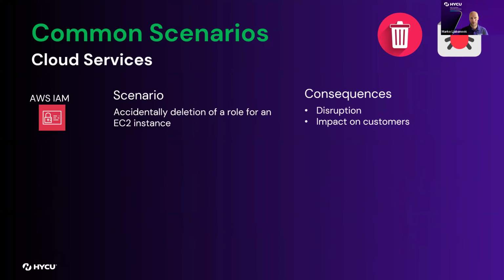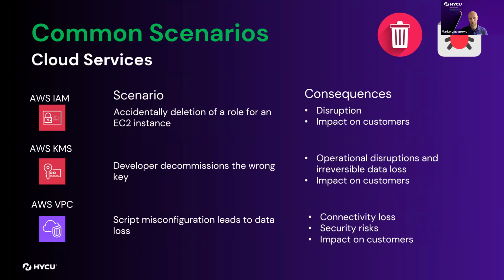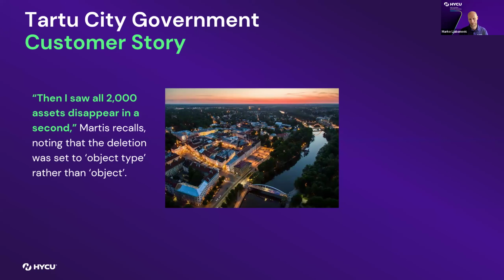And if you think about cloud services, if this is AWS, for instance, again, it's an example of a public cloud, if a role is gone or a wrong key is deleted in AWS, there are a lot of things which can go wrong. And for example, I took one of the customers whose line is pretty accurate.